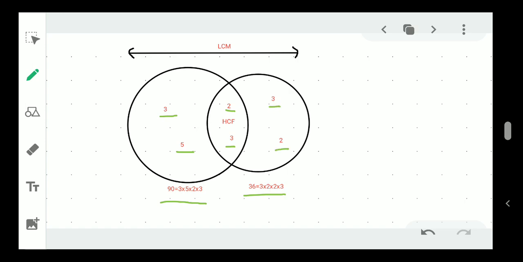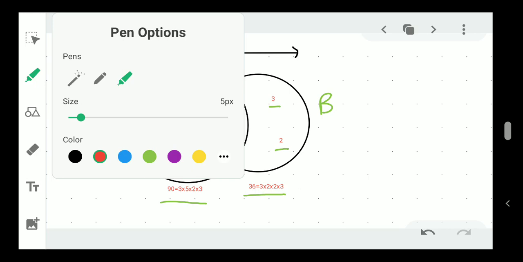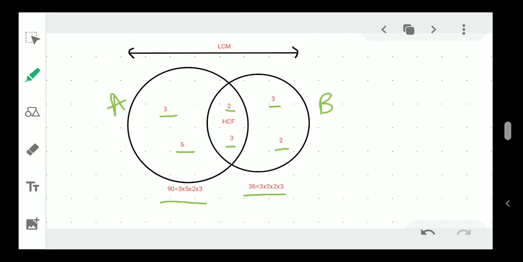So the second circle, let's say this B circle, is representing 36, whereas this A circle is representing 90. And you can see that in between them, these two factors, 2 and 3, are common. If you multiply these two factors, 2 times 3 is 6.